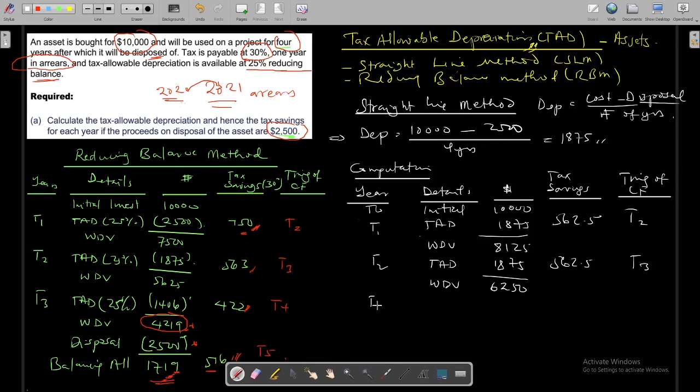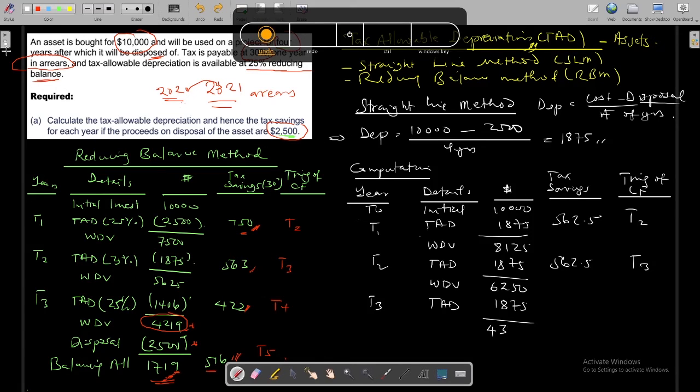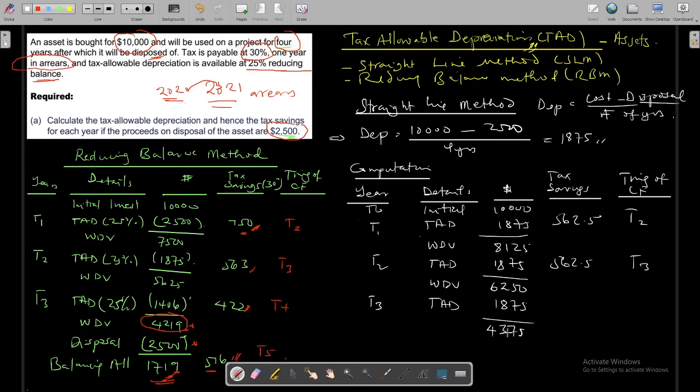So we calculate tax allowable depreciation for year 3, giving us 1,875. Now let's subtract 6,250 minus 1,875. This gives us 4,375. The tax savings will be 562.5, and it will be taken in year 4.